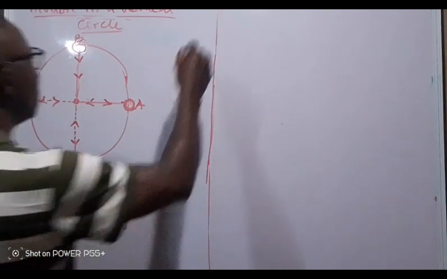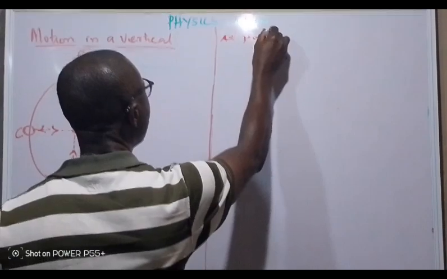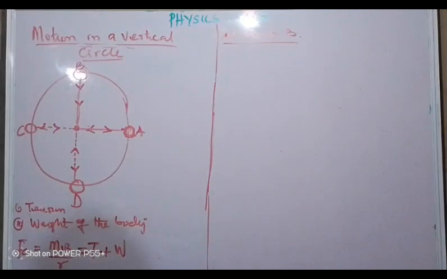At point B, the centripetal force, the weight and the tension will be related in this form.